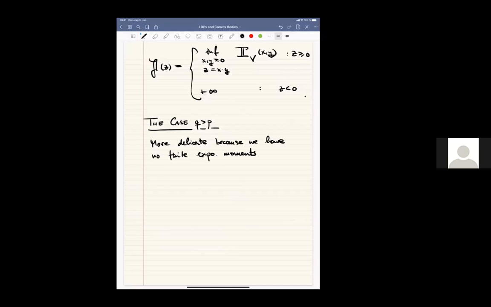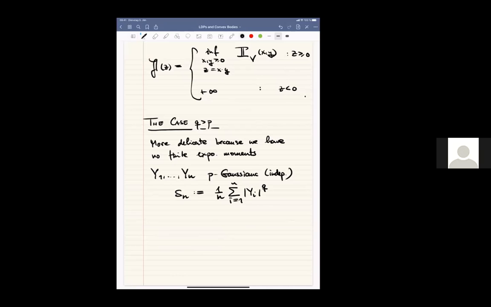So I want to consider my sequence of independent p-generalized Gaussians, and Sn is 1 over n sum i from 1 to n of Yi to the power q.